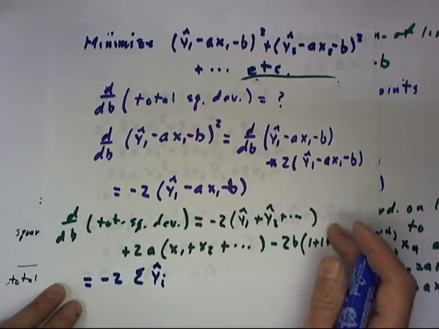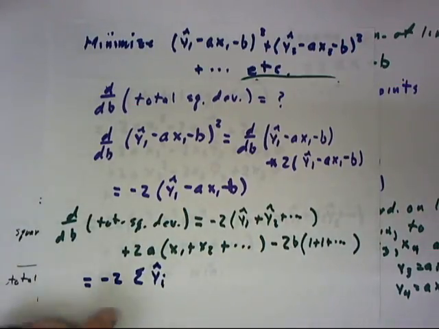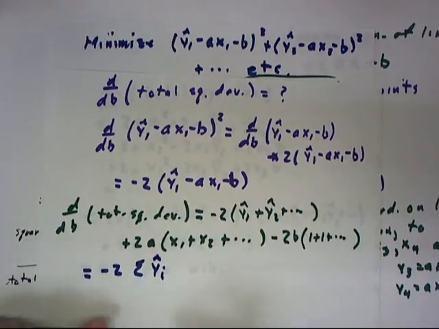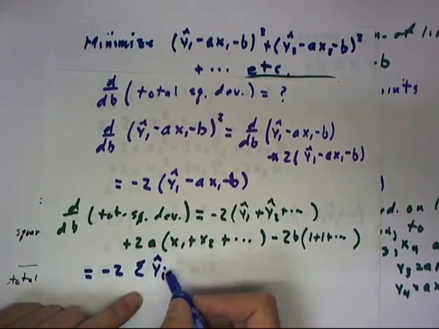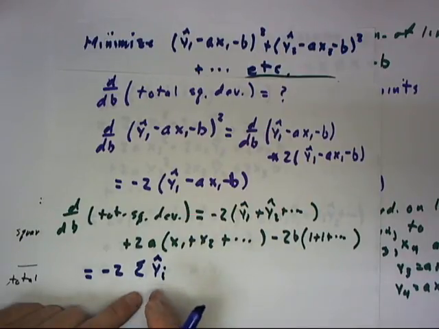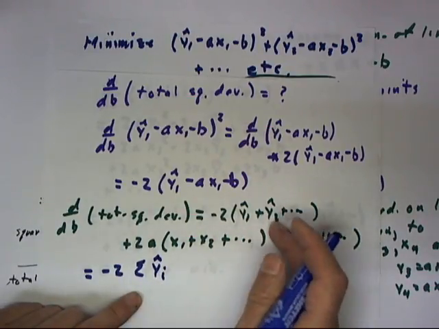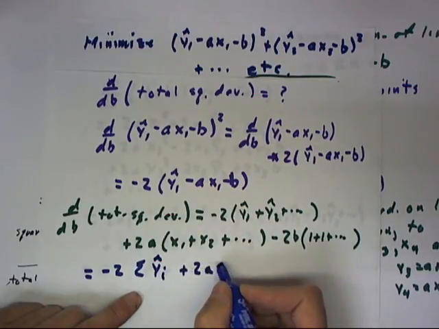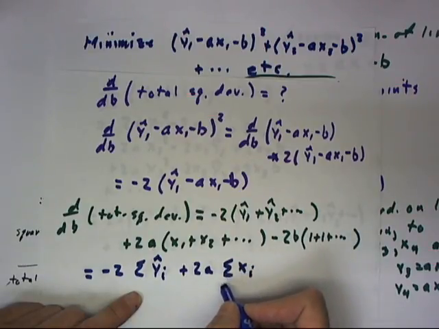If you've got 100,000 data points, it'll run from 1 to 100,000. If you've got 100,000 data points, I hope you have a good machine. Well, any machine will do that. You're going to use a computer when you have a lot of data points. In any case, we see that that's -2 times the sum of all your y values, and then it's going to be plus 2a times the sum of all your x values.